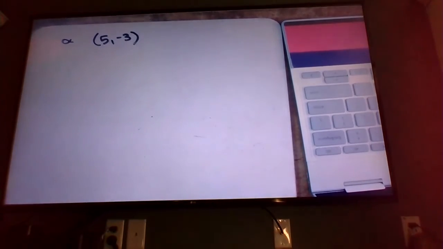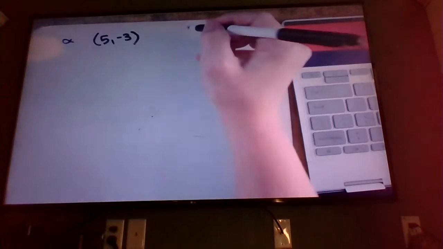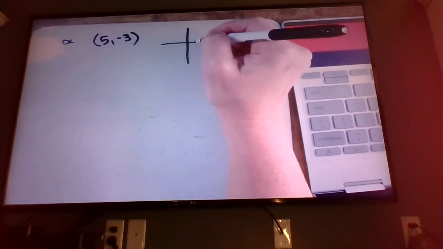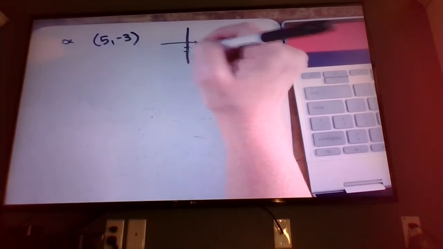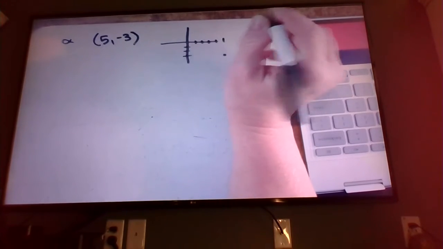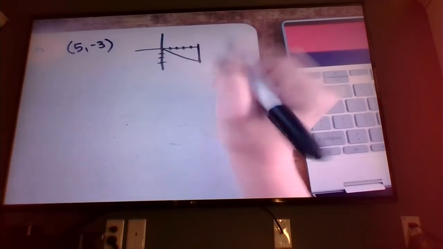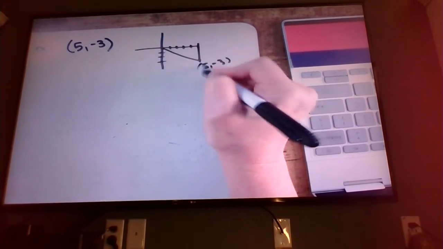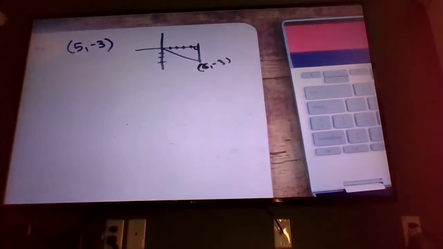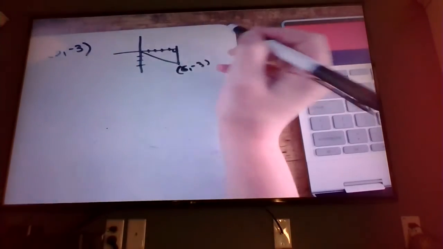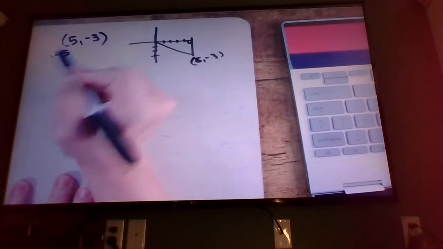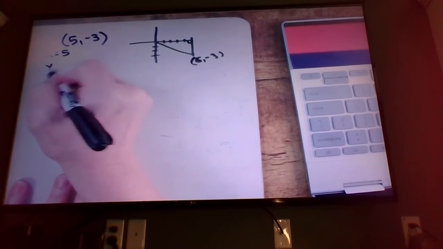My suggestion is to first of all draw a picture and illustrate that. So (5, negative 3) would be down here, and the reference angle always goes back to the x-axis. Here's my right angle, and I know that x is 5 and y is negative 3.